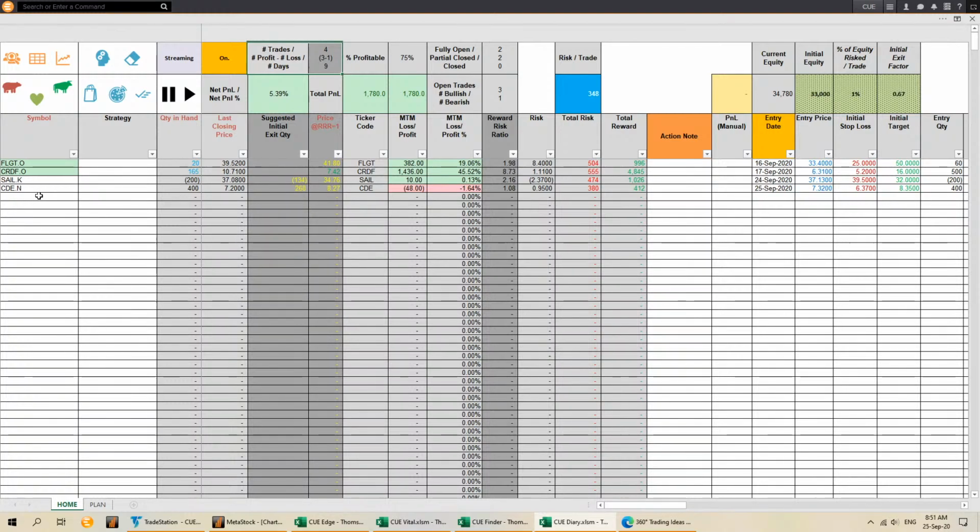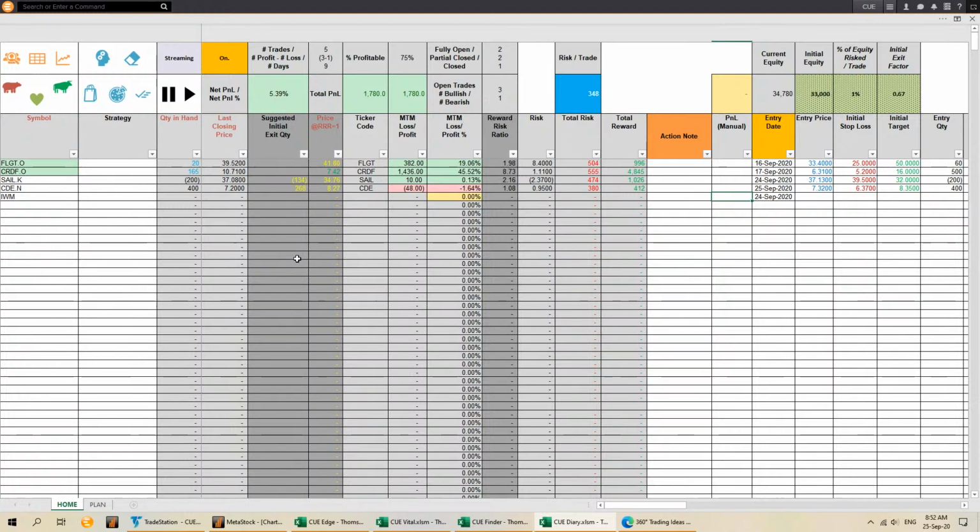So let's say I am taking a day trade. Let's say I took one yesterday, which I did actually in IWM. I took the day trade yesterday, that was 24th September, and I don't want to log all the detail. I just want to enter how much profit or loss did I make.